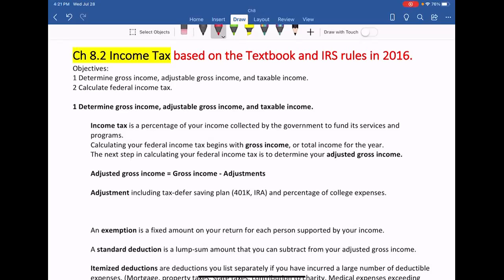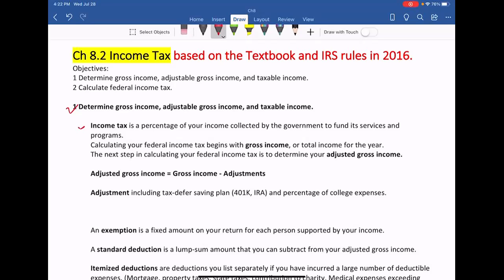Okay, let's see. The first one is determine gross income, adjusted gross income, and taxable income. Some definitions. The first one is income tax. It is the percentage of your income collected by the government to fund its services and programs. Calculating your federal income tax begins with gross income or total income for the year.